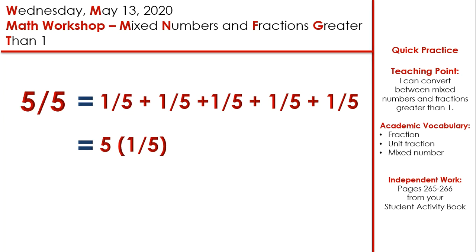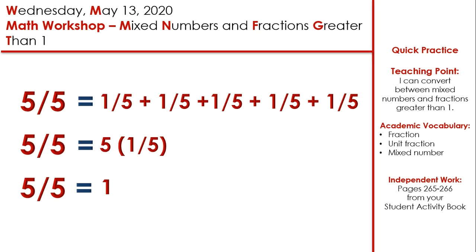Another way to represent this fraction, 5/5, is by using multiplication. If we take a look, we have 5 times the same addend. So that means that I can multiply 5 times 1/5. And right there I will have the same result.